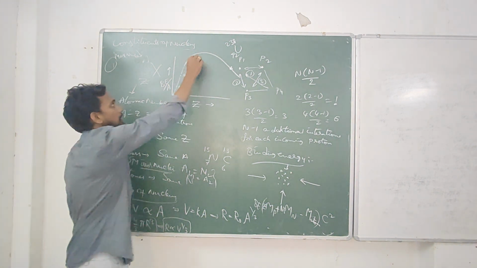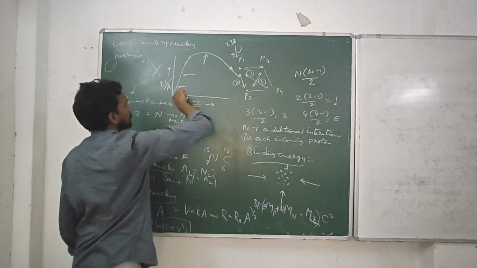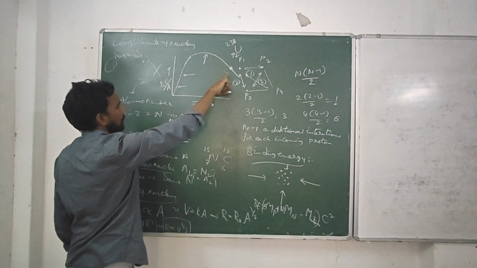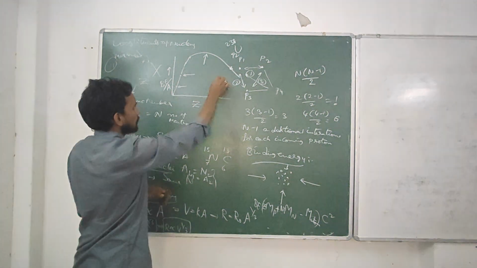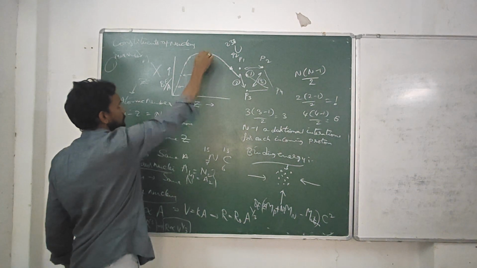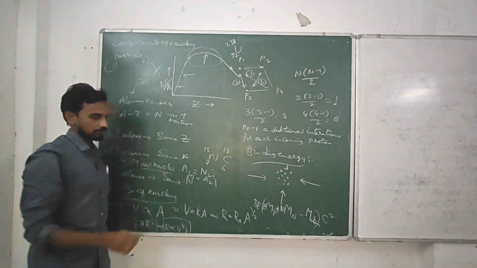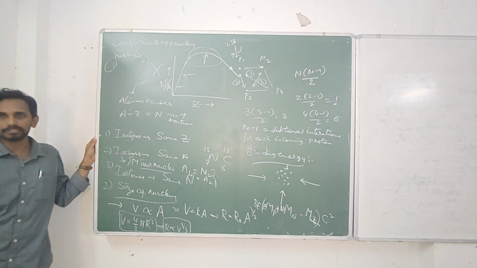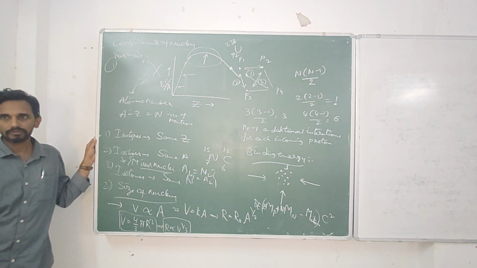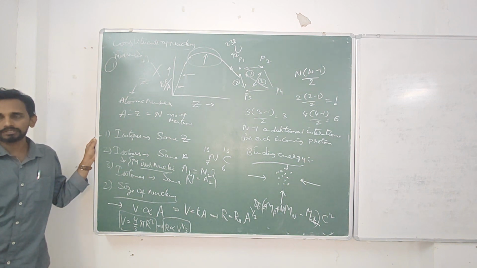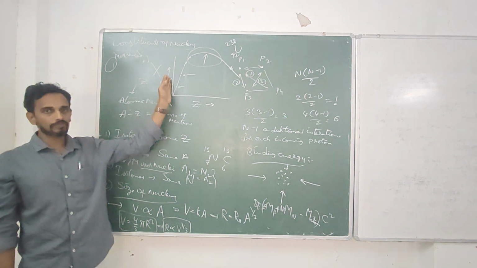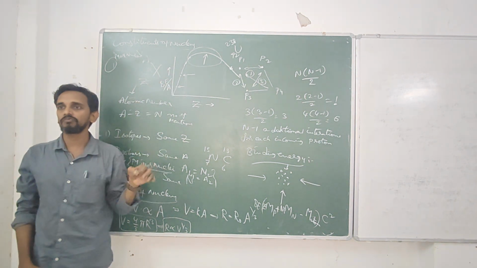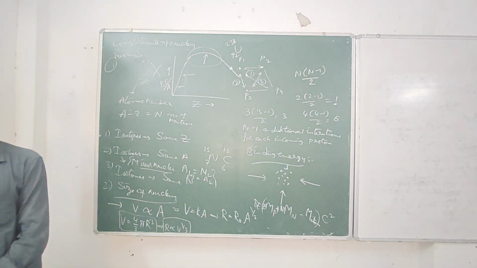In between these two, where the atomic number is very low or very high, for moderate atomic numbers, the binding energy is very high, because they don't have a small number of protons and they don't have many neutrons.